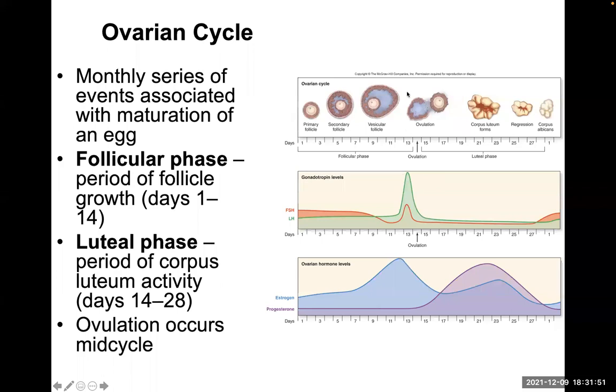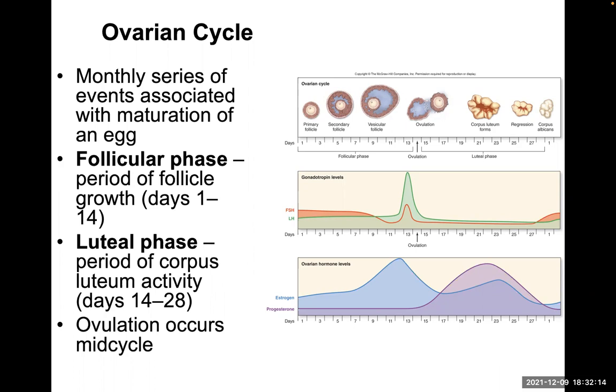The reason I like these is because it overlays and allows you to compare what's happening in the ovaries with the uterus. And then it shows you how the hormones that we've just been talking about are related to the events happening in both the ovaries and the uterus.